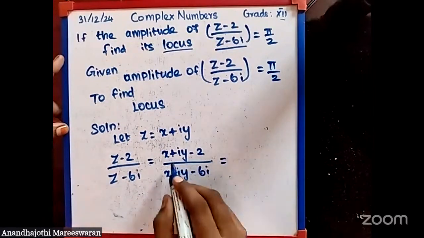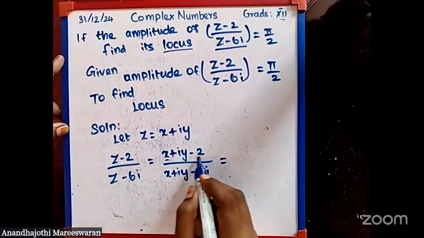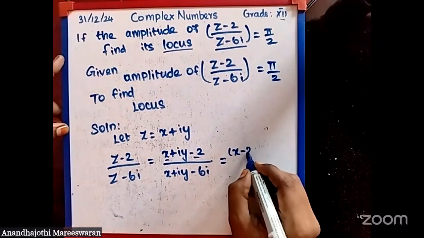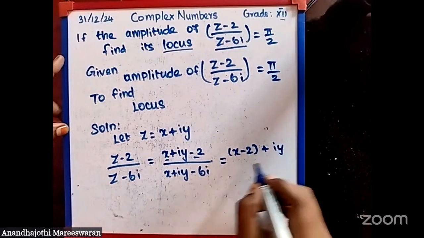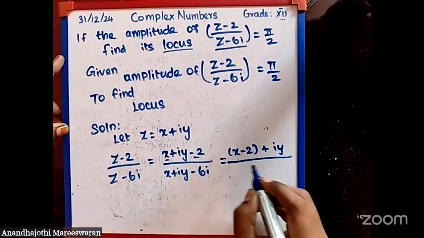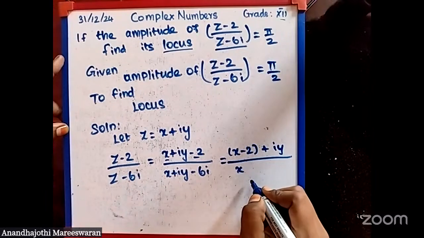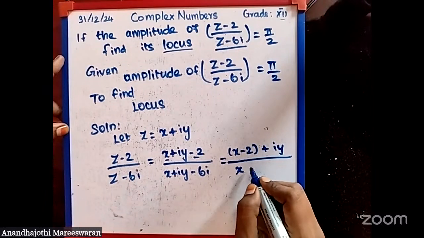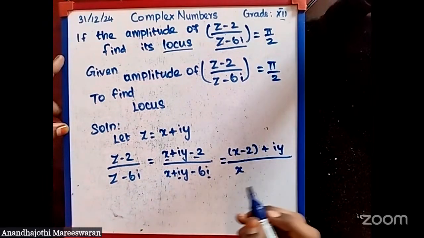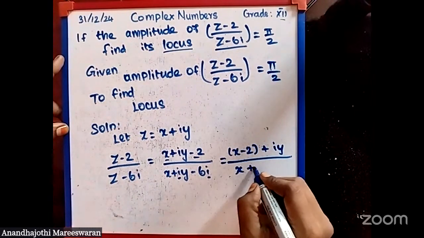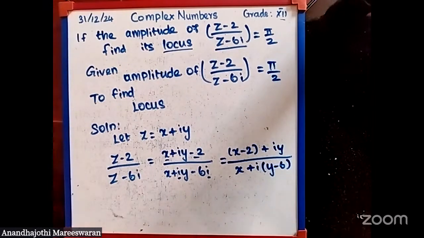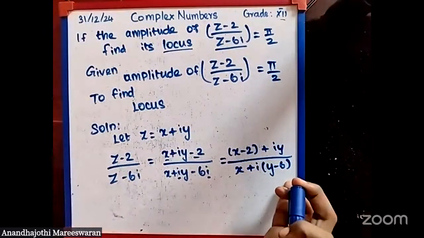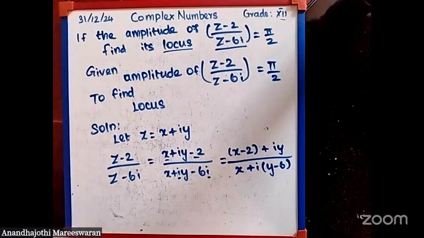Who is the real part here? x minus 2. Plus who is imaginary? iy divided by x, which is the only imaginary part here. So I keep x there. And now we take this i from both of these terms. So plus i multiplied by (y minus 6).